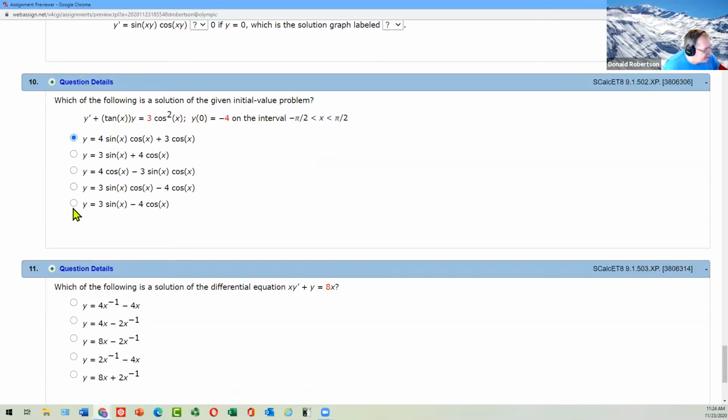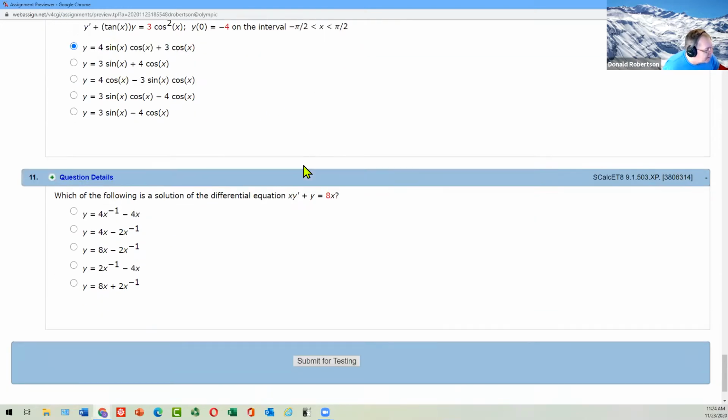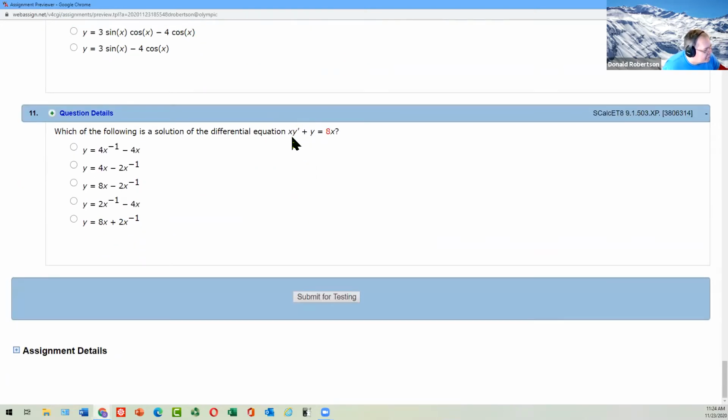So we have to check each one in turn to figure out which one is a solution. So here's the differential equation, and it might be that one, it might be this one, it might be the first two, it might be every single one of them. I think the only thing for sure is it's probably at least one of them, right?